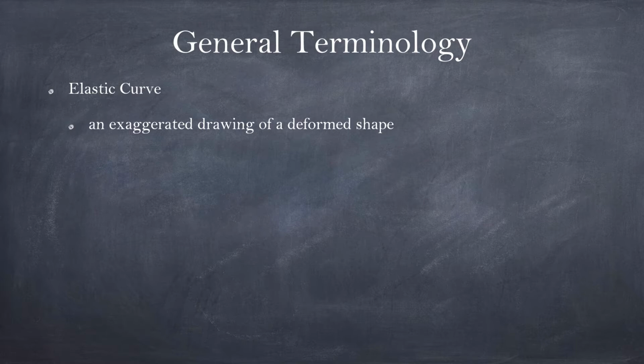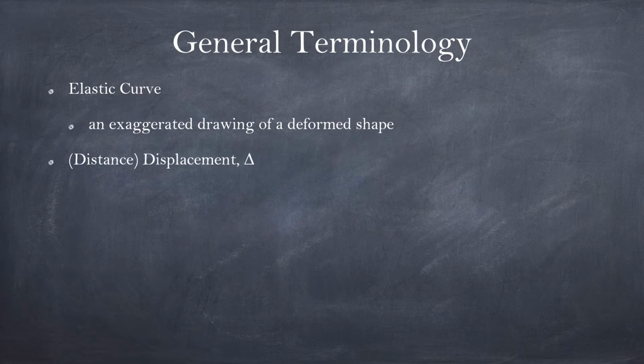We draw it much bigger than it actually is, because then we can see and name things and mark a point. If we draw it in real scale, we can't see all the displacement, and it's very hard without visual aids. So we tend to draw these deformed shapes much larger than they actually are, and that is called the elastic curve in general.